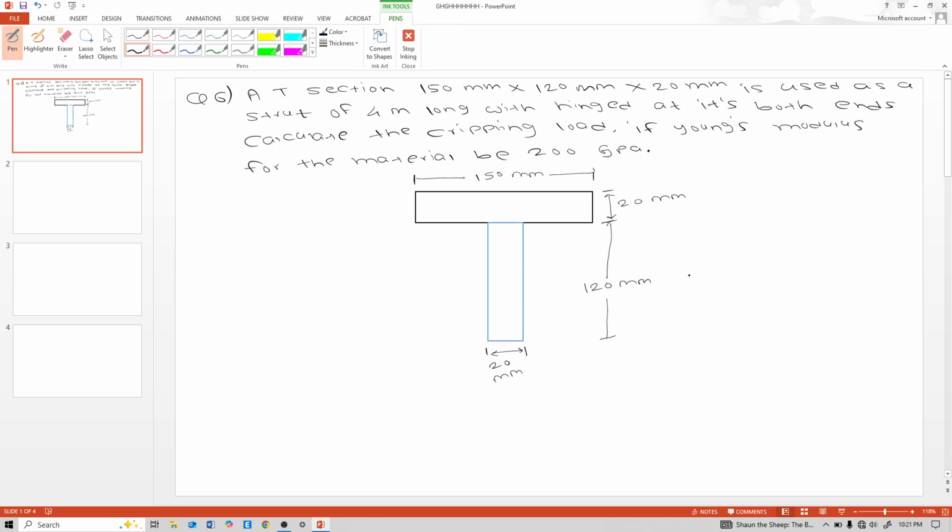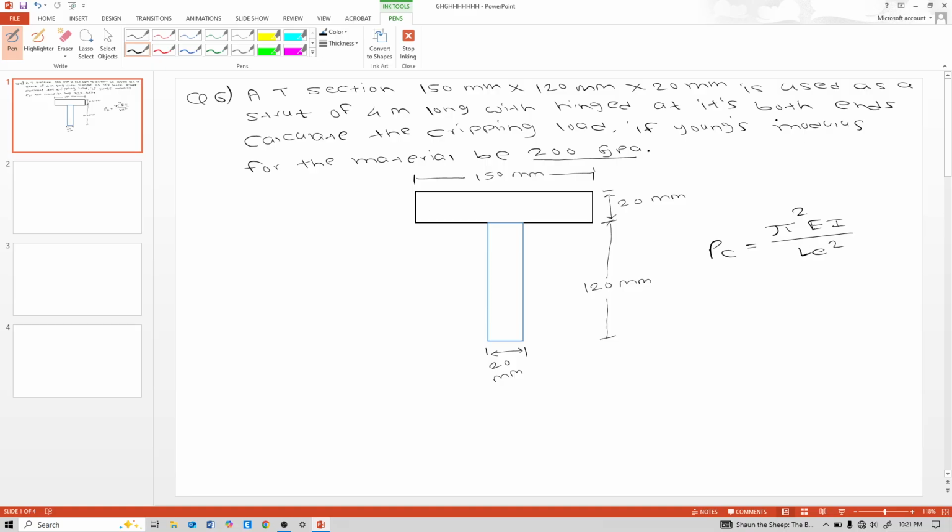So our problem statement in this numerical is the buckling load, and we all know that the formula of this buckling load is pi square EI upon LE square. This pi square is constant, E is Young's modulus that is given in the numerical, and this LE is effective length that depends upon end conditions.